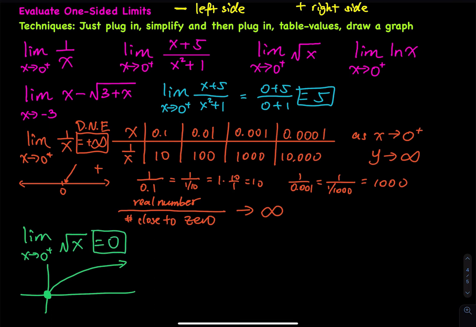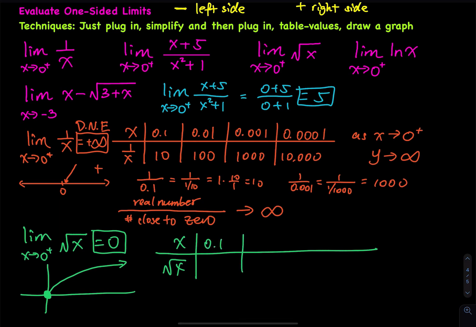Let's look at the table of values. So x and then square root of x. We pick numbers that are very close to 0. So let's say 0.1, 0.01, 0.001, and then 0.0001, and so on and so forth.